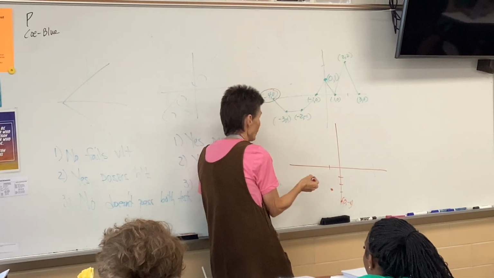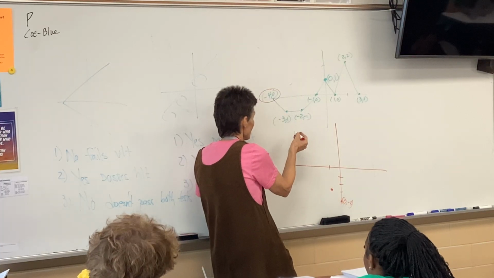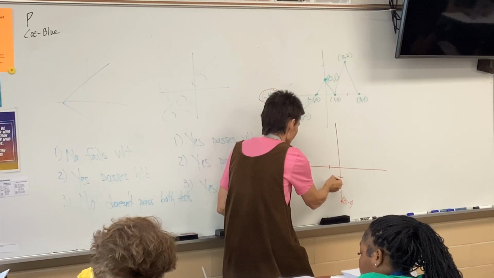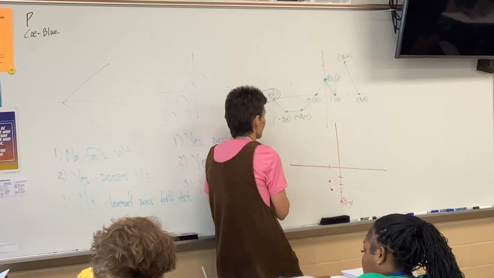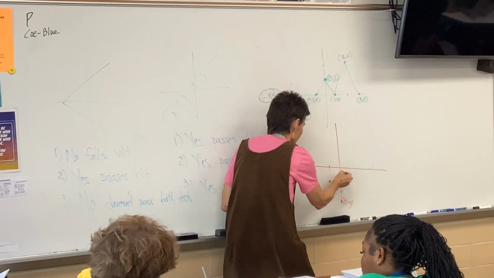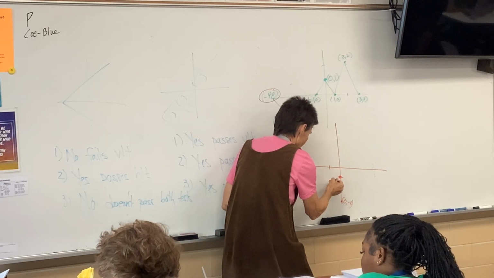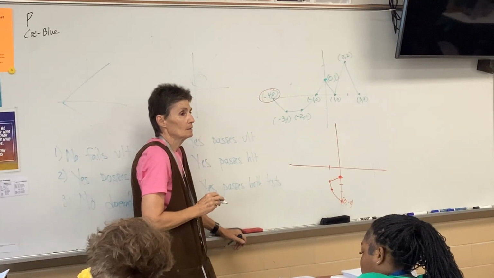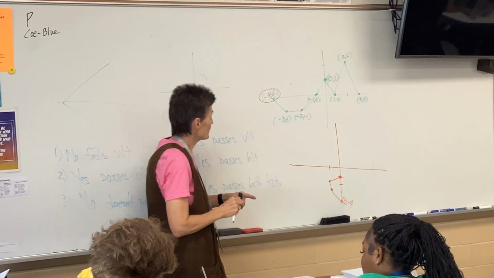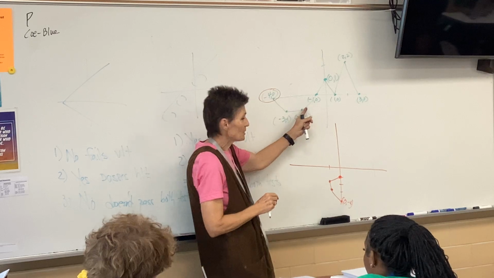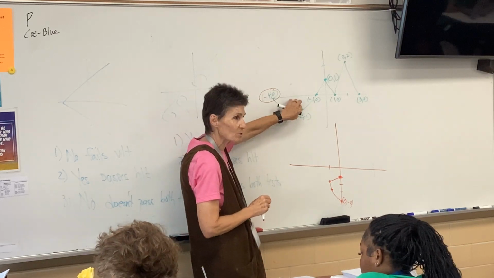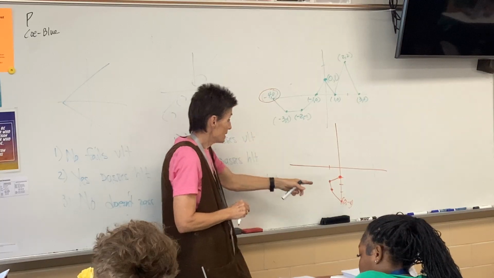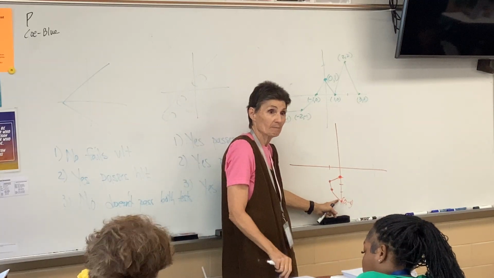You don't have to label all these if you don't want to. This one would be -1, -2. And this one would be 0, -1. So there's the first part of the picture. Notice that in the original, we had this little trapezoid thing on the x-axis. Now where's that little trapezoid thing?